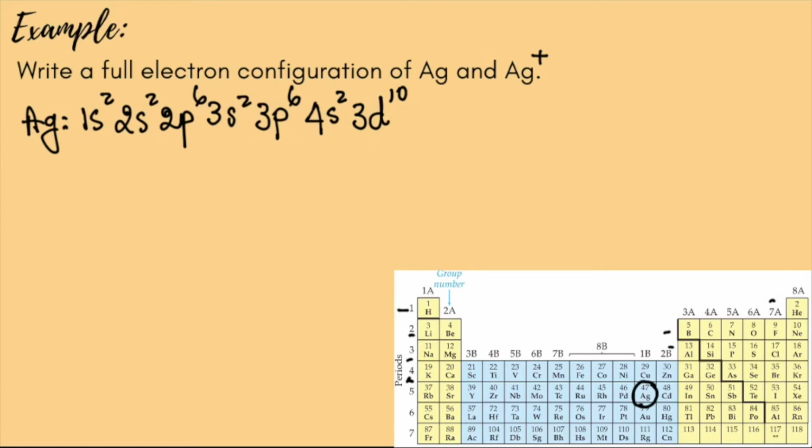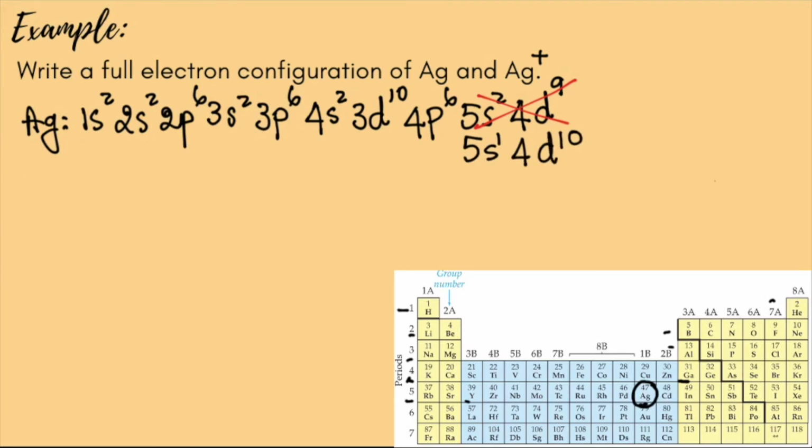And then after 3d10, we have 4p6, and then 5s2, and then 4d, and silver is right here, so d9. However, since silver is an exception, we're going to write it as 5s1, 4d10. This is the right electron configuration of silver.